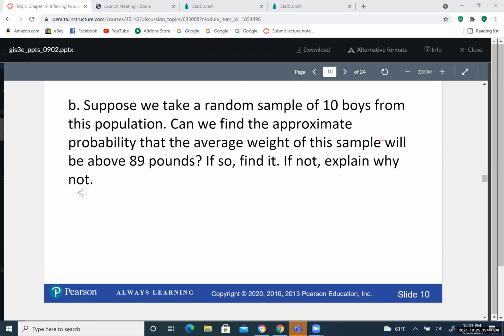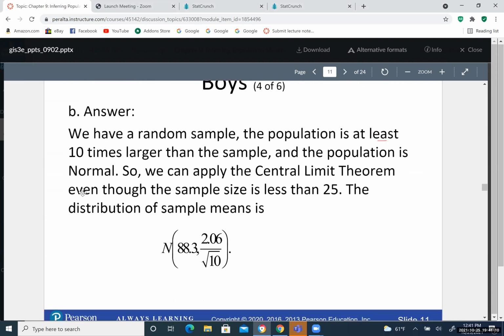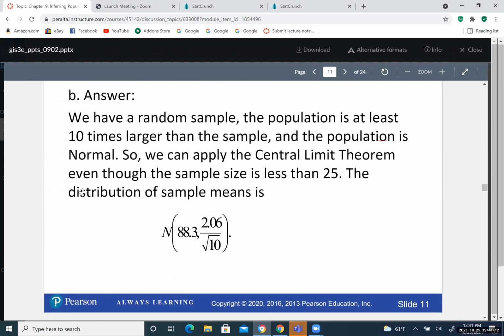Let's try this. We have a random sample. The population is at least 10 times larger than the sample size. The population is normal, so we can apply the central limit theorem even though the sample size is less than 25.